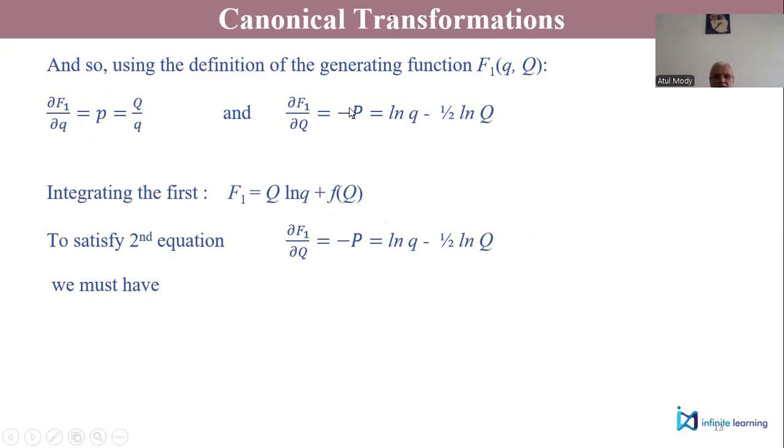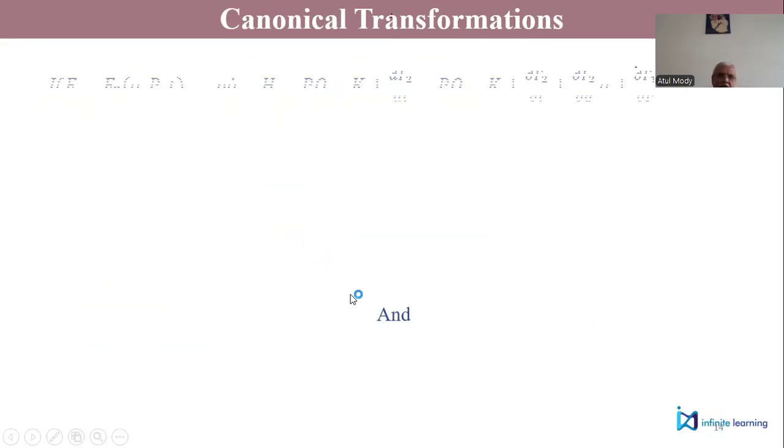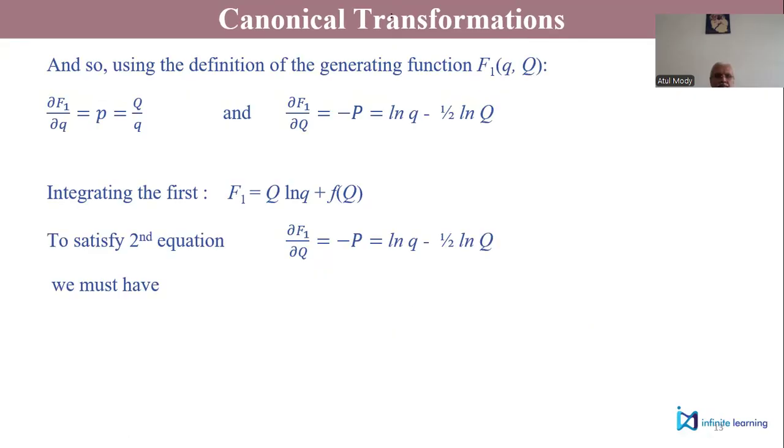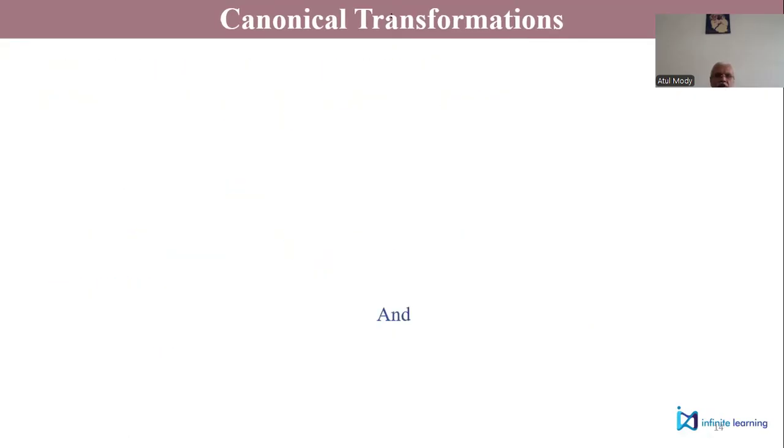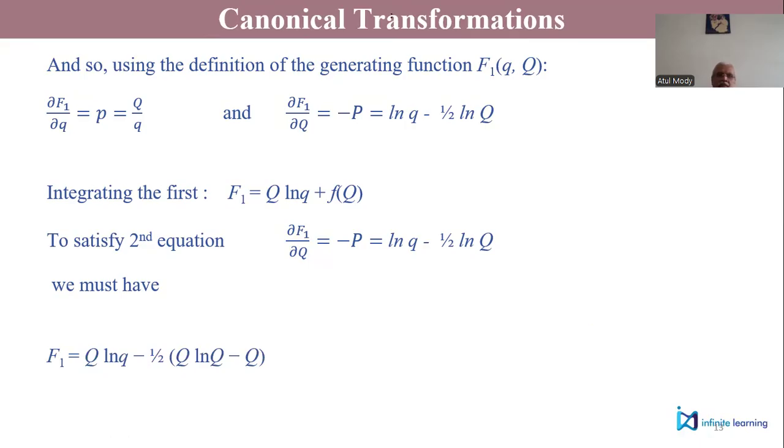P was the other way we have written. So you must have F1 as Q log q minus half Q log Q minus capital Q. Then it would satisfy both the equations. So we figured out the generating function.